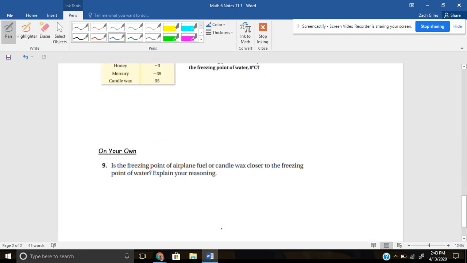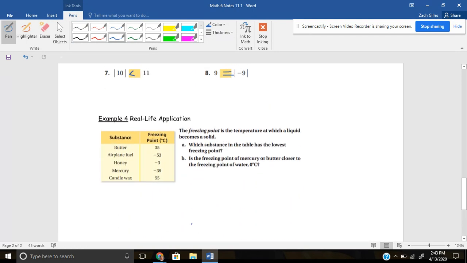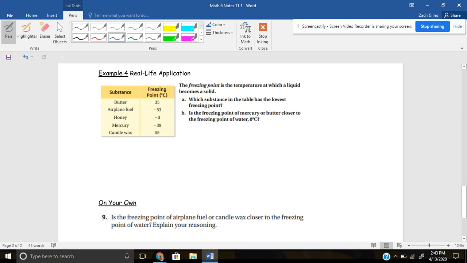All right, we have one example left and one on your own, and we'll be finished. For example 4, it says the freezing point is the temperature at which a liquid becomes a solid. Which substance in the table has the lowest freezing point? If you wanted to, you could order these on a number line and see which one is furthest to the left.